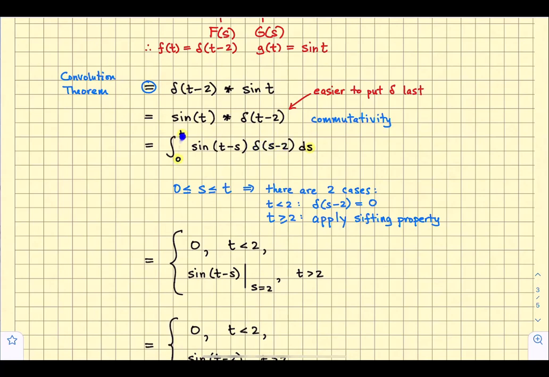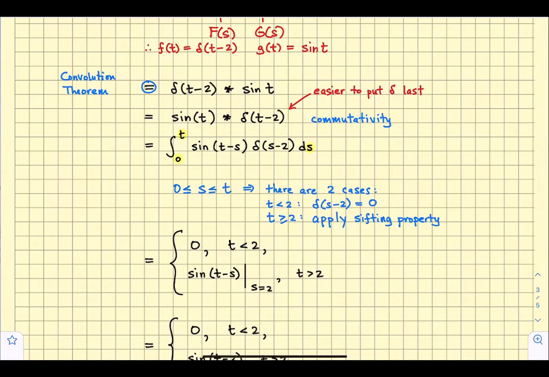When s goes from 0 to T, if T is to the left of 2, then the s never went across this delta spike. Since it never went across this delta spike, this is a big zero because this function is just a big zero and you never integrated across the spike, so the sifting property never kicked in. So if t is less than 2, this function is 0, so the integral of it has to be 0 if t is less than 2.